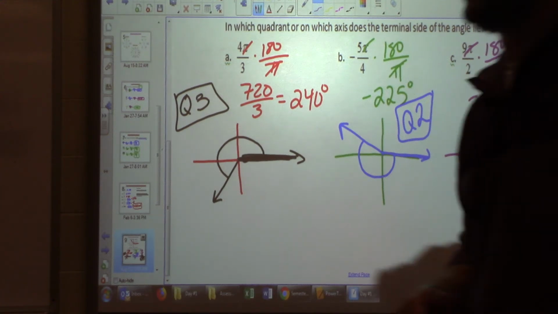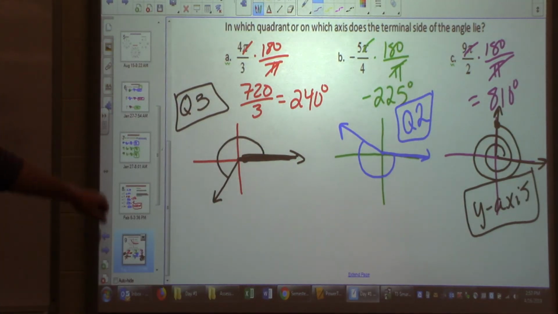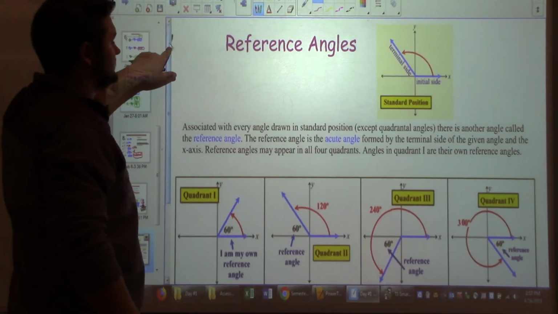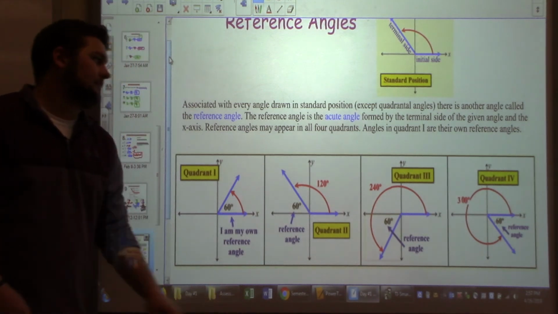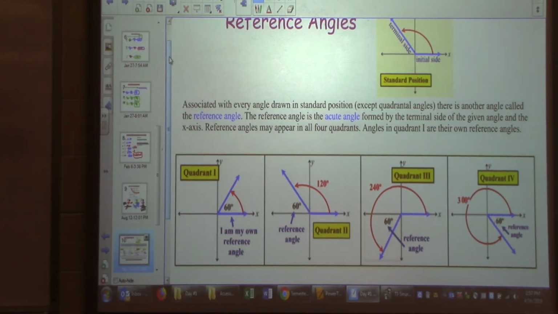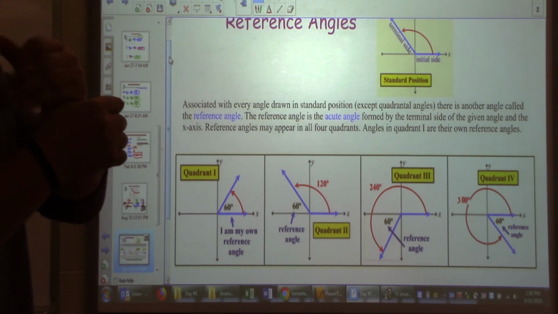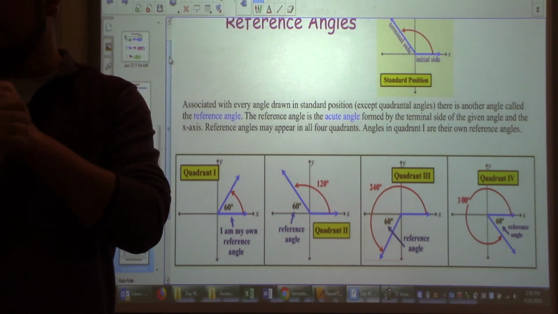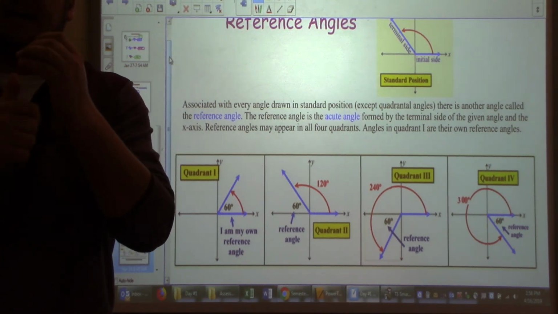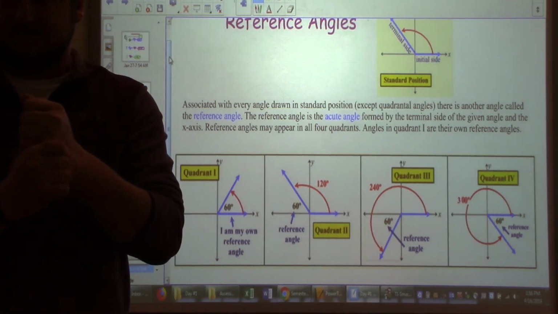Sweet, because that leads into reference angles. So, reference angles. A reference angle is the acute angle found by going from the terminal side to the nearest x-axis. One more time. From the terminal side to the nearest x-axis.